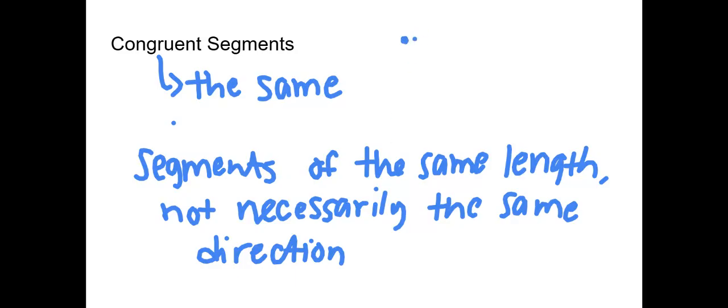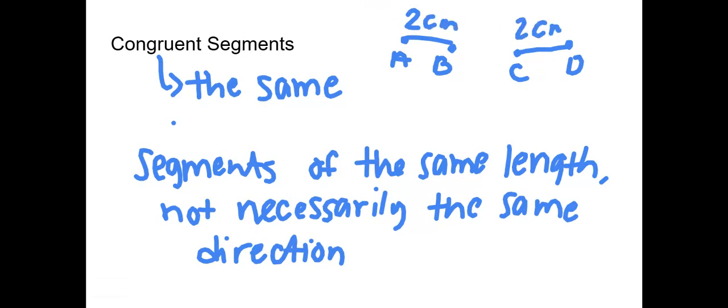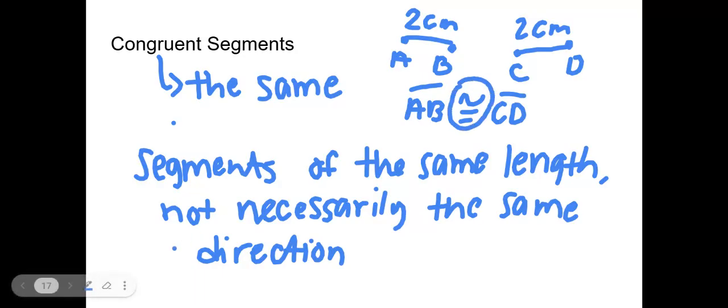Okay, so any 2 points, if I have point A and point B, and that makes a line, and I have C and D, and this is 2 centimeters, and this is 2 centimeters, then AB is what we call congruent to CD, and this symbol here represents congruency. Okay, that's our congruency symbol. And we'll use that throughout writing proofs.